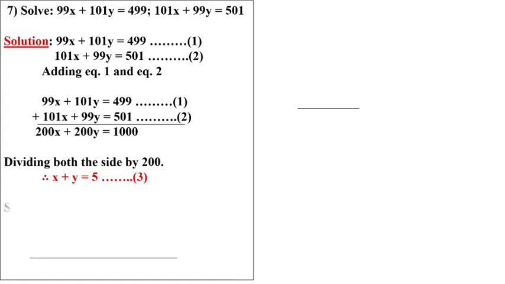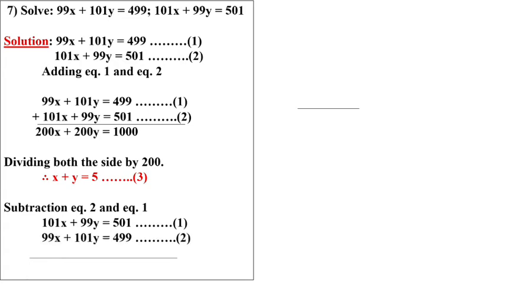In the same way we can subtract equation 2 from equation 1. When we subtract, the signs change, plus becomes minus. From 101x minus 99x we get 2x, and from 99y minus 101y we get 2y, but 101y is greater, so here it has the sign of minus.